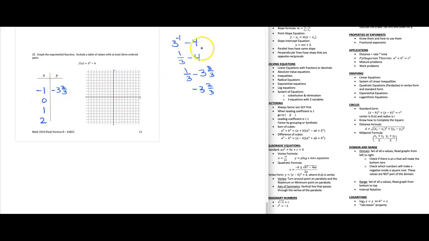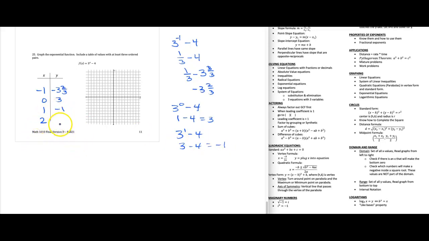All right, now let's put 0 in. If I put 0 in, 3 to the 0 power minus 4, anything raised to the 0 power is 1. So 1 minus 4 is -3. Now let's do 1 in there. So 3 to the first power minus 4. So 3 minus 4 is negative 1.